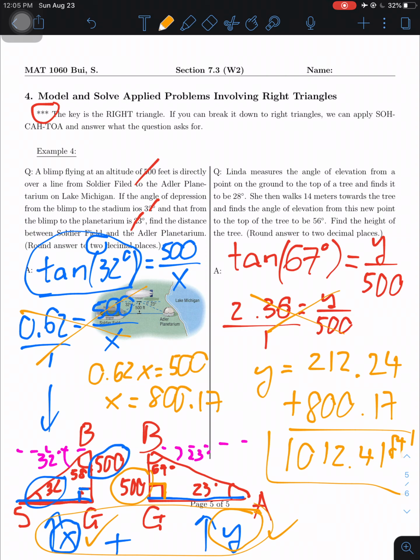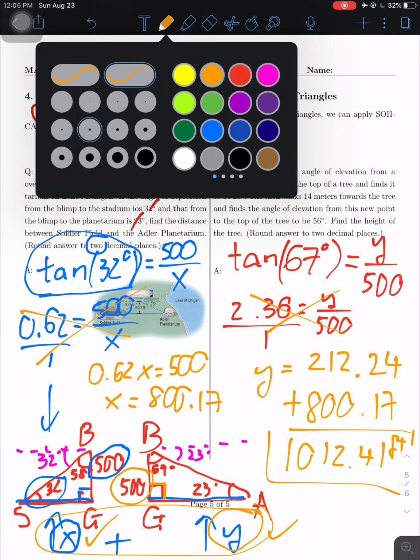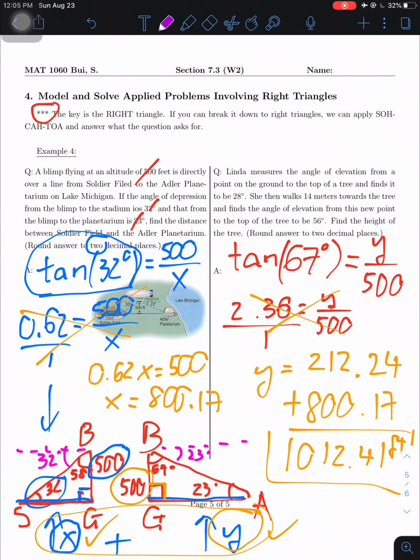Okay. And then as a matter of fact, like I promised you guys earlier, there are two ways to do each triangle. So let me put in, I don't know, purple. In the second triangle in here, if I don't want to go for the angle of 67 degrees, I can do tangent of 23 degrees, but then the position of opposite and adjacent will be different, right?